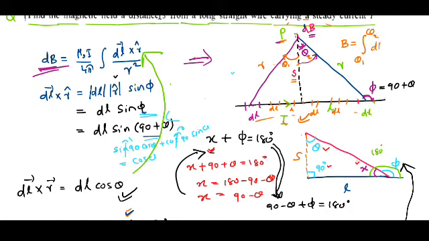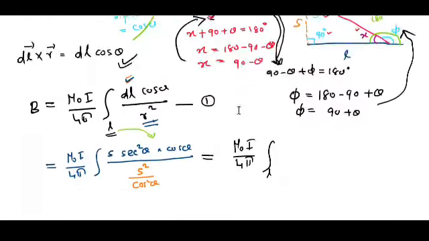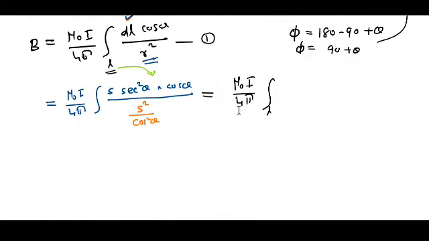Fine. Now let us come back to this expression. Here the lower limit should be theta 1 and the upper limit is theta 2. Then you can cover the whole length of the wire. Therefore, the line integral should be theta 1 to theta 2, and here the 1 by cos square, that you can write as sec square theta, into S.